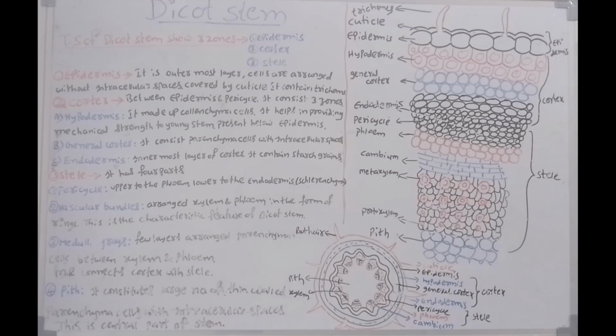With endarch protoxylem means protoxylem is developed inside, near the pith. That's why it is called endarch protoxylem. See, vascular bundles are conjoint and open and with endarch protoxylem. This is the structure of dicot stem.